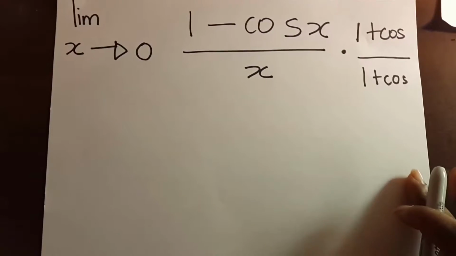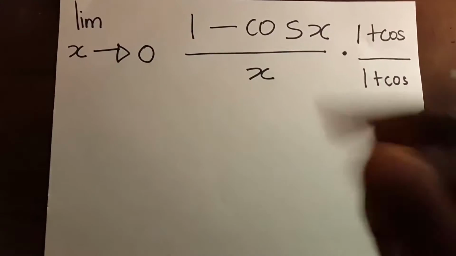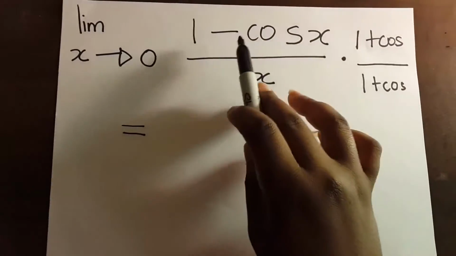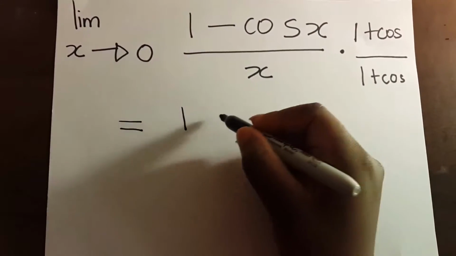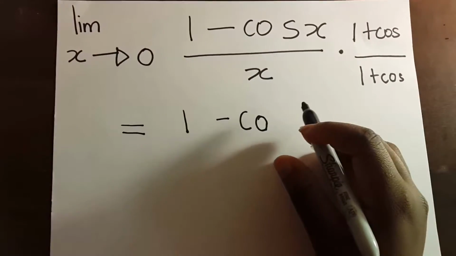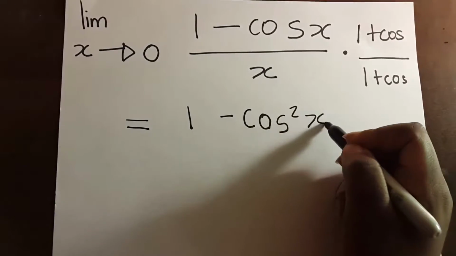That means you didn't ruin anything in your problem. So you put your equal sign here, and the top multiplied by 1 plus cos x gives you 1 minus cos squared x.